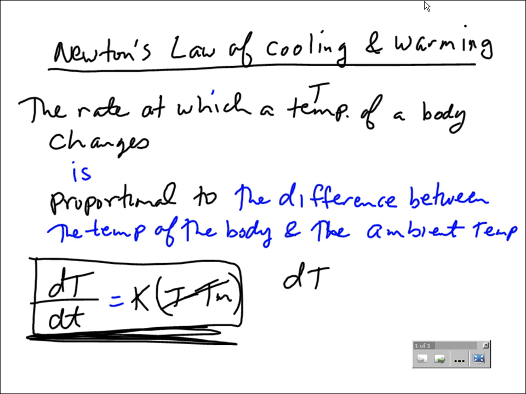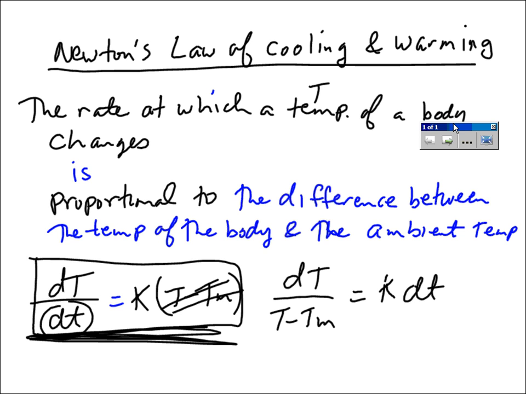I'm going to move this to the bottom, and I'm going to move the dt to the top on the other side. And remember, ln of one thing plus ln of another thing is just ln of the product. Now I'm going to integrate both sides.